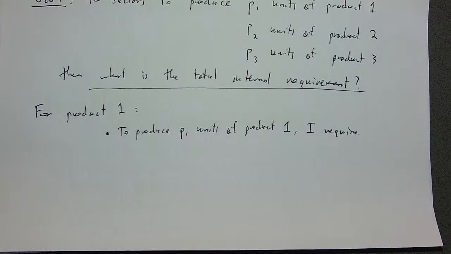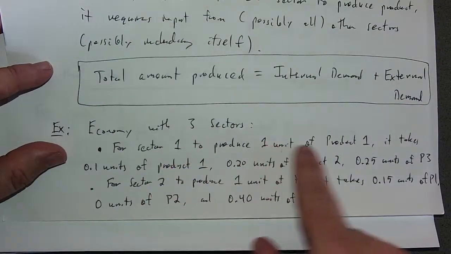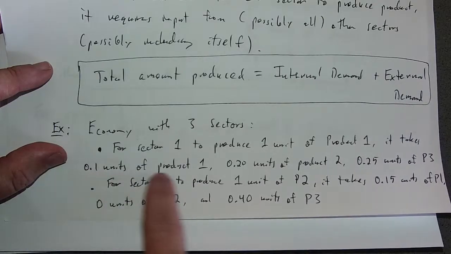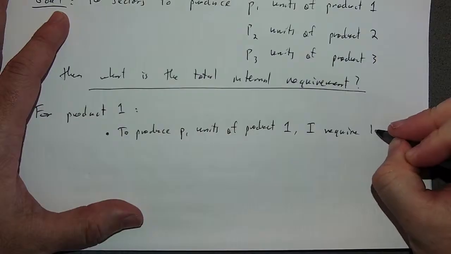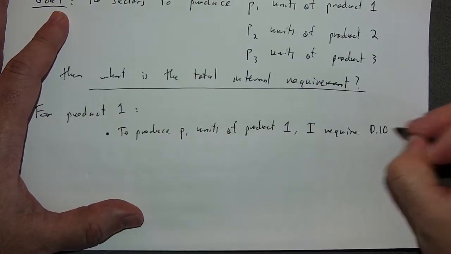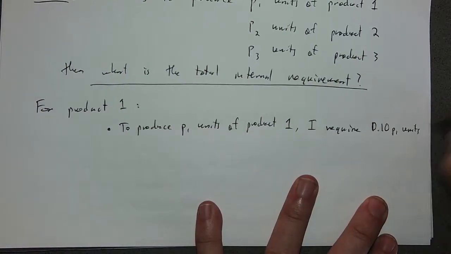Well, for sector 1 to produce 1 unit of product 1, it takes 0.1 units of product 1. So to produce P1 units of product 1 takes 0.10 times P1 units of product 1.